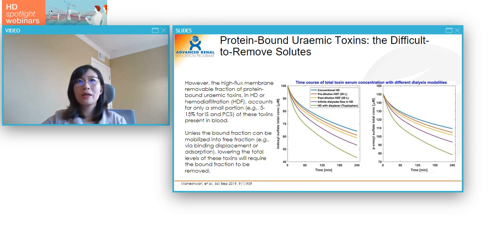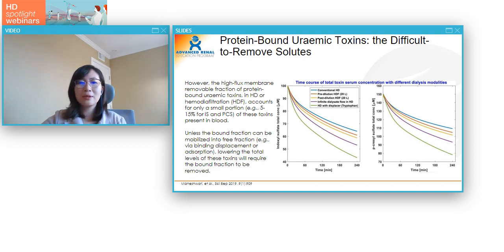And also, if we really increase the dialysate flow, which is the line in purple, that would provide a better concentration gradient across the membrane, and thus enhance the diffusion. But as you can see simulated in this figure, this is an infinite dialysate flow. So with a practical dialysate flow rate of 500, 600, the improvement is very minor.